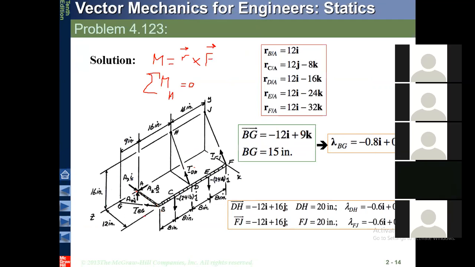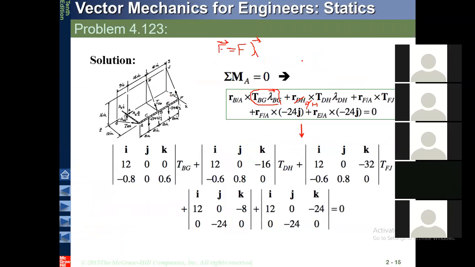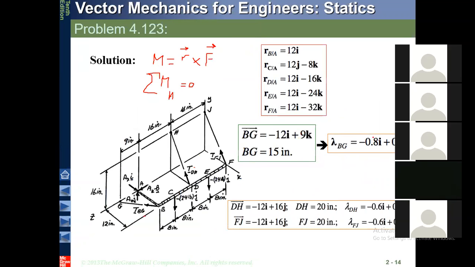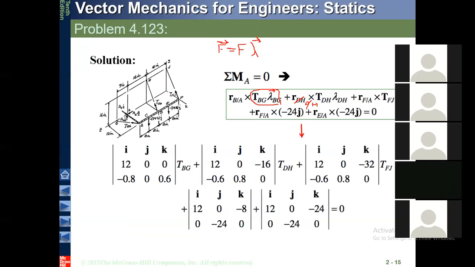So it is from A to B, plus 12I, and then IJK 1200 for R from A to B. And you also have the lambda BG, which is calculated before, minus 0.8I plus 0.6K. So this is for TBG.